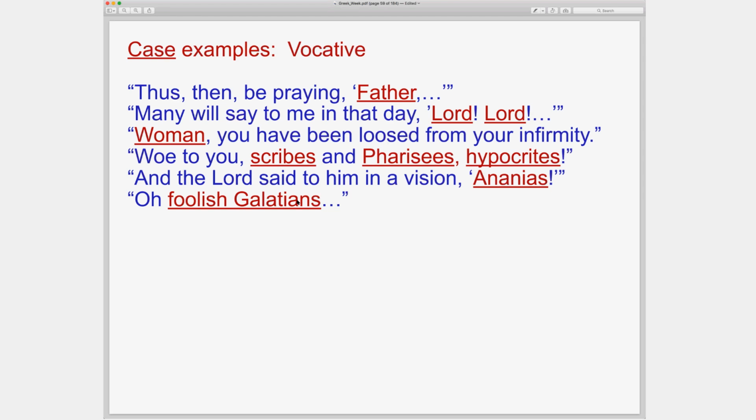Those are all vocative case. And the Lord said to him in a vision, Ananias. That's vocative. Oh, foolish Galatians. That's vocative. And notice that there's an adjective. Oh, foolish Galatians. The adjective modifies Galatians, and it's also vocative to match Galatians. Okay, so that's pretty simple.